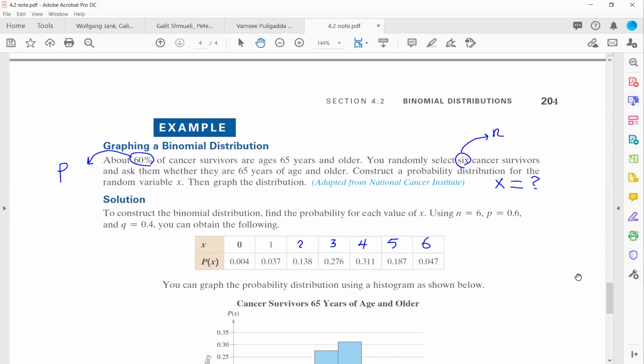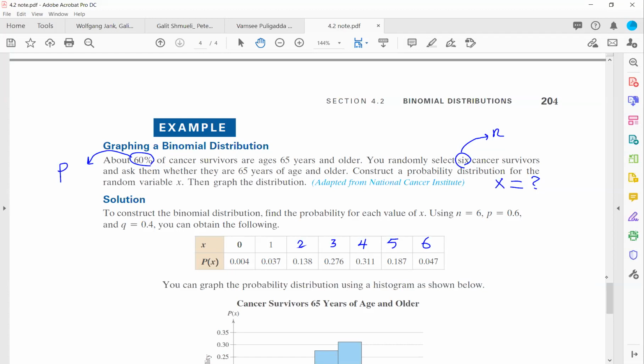The probability that X is equal to 0 is going to be very small. The probability that X is equal to 1 is 3%, 4%. The probability that X is equal to 2 is 14%. The probability that X is equal to 3 is 28%.